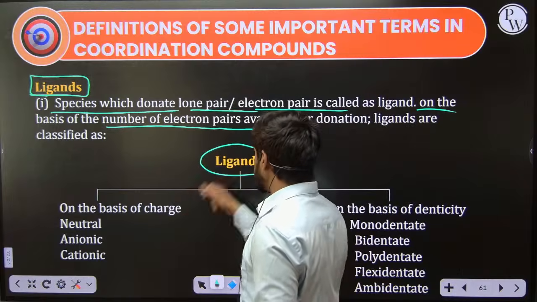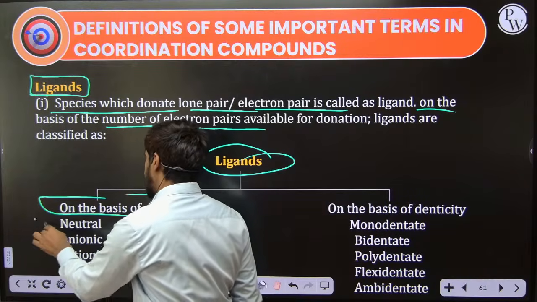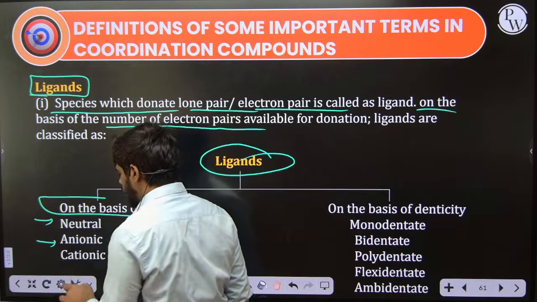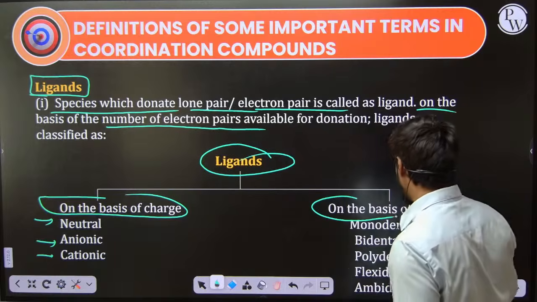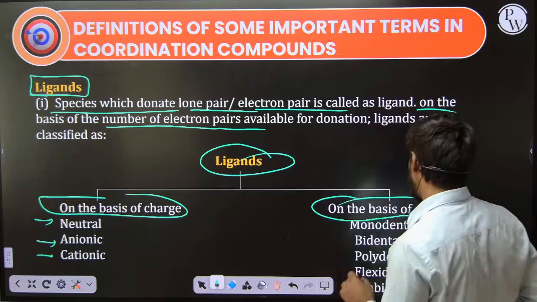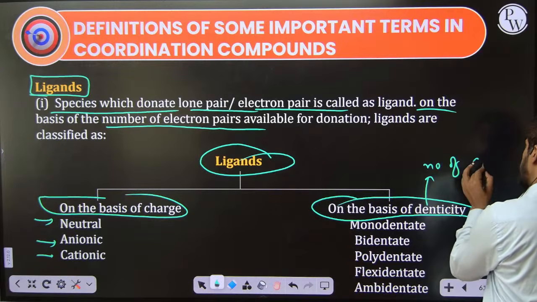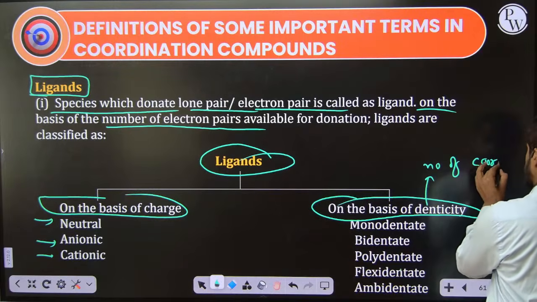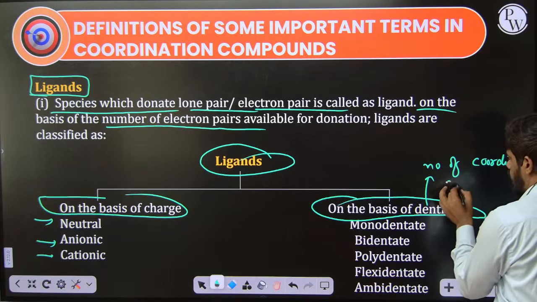First of all, they can be classified on the basis of charge, that is, neutral, anionic or cationic, and further on the basis of denticity. Denticity is the number of coordinate bonds a ligand can form.